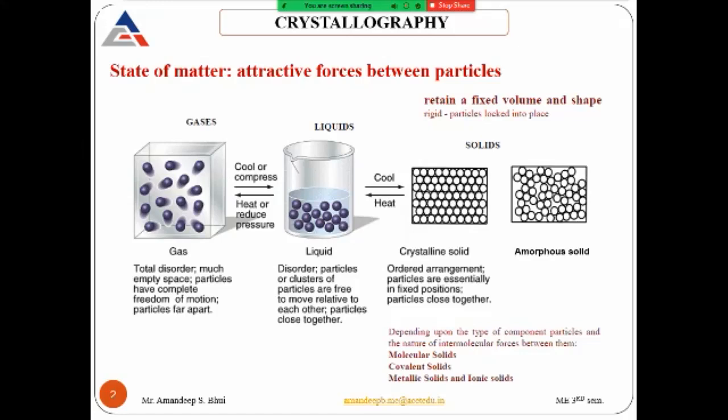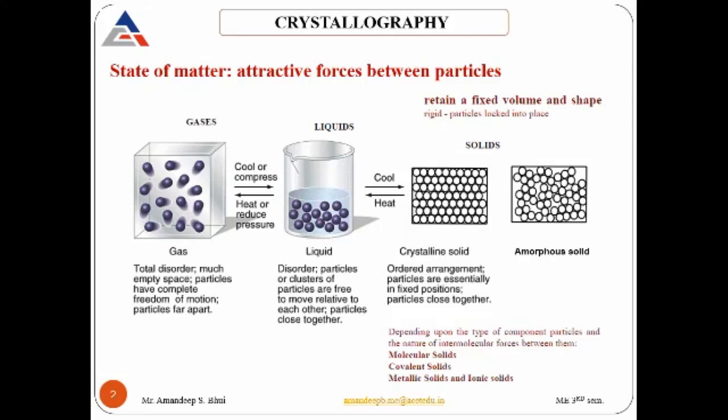Okay. Now this crystalline solid is formed if the cooling rate from liquid to solid is maintained at a certain predefined rate. Now if the cooling is done abruptly or very fast, the time required to arrange the atoms in the ordered manner is not there, and the cooling takes place rapidly.